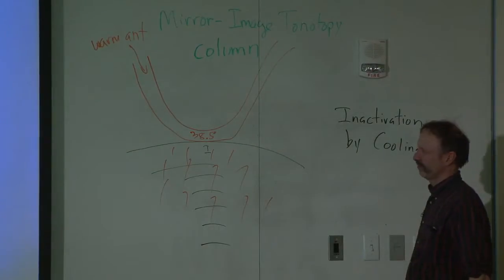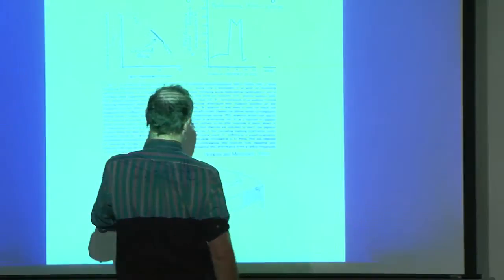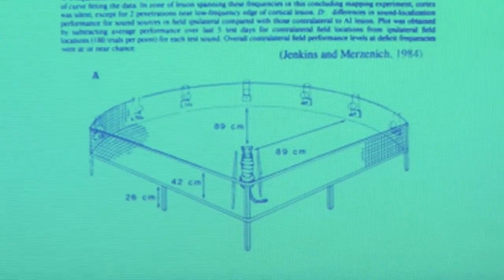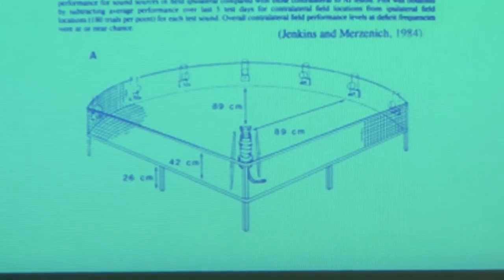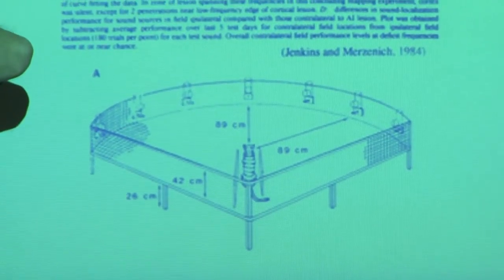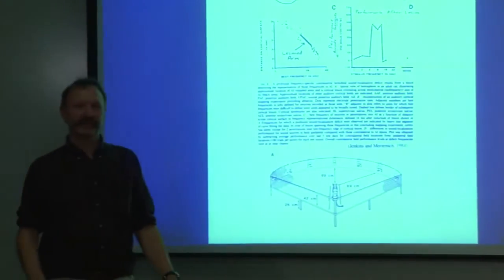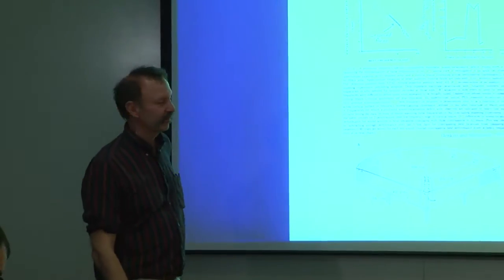And what's very impressive is that these kinds of experiments can be done in animals that are actually doing a behavioral task, localizing sound. Clearly, those experiments confirm these earlier lesion experiments that if you cool A1, you get a deficit for localization ability in the contralateral hemifield.